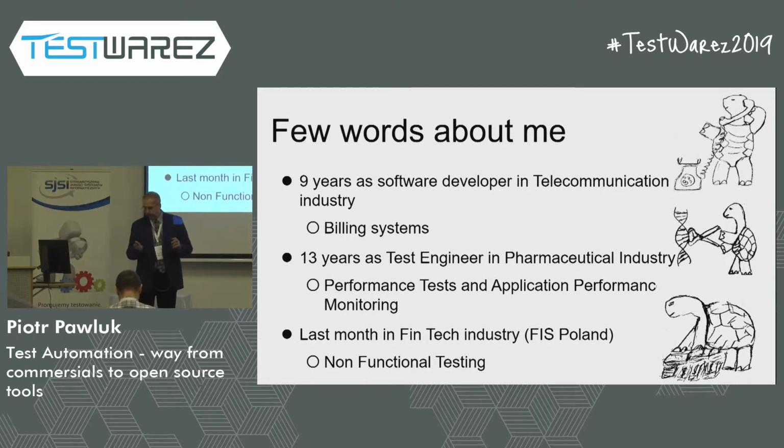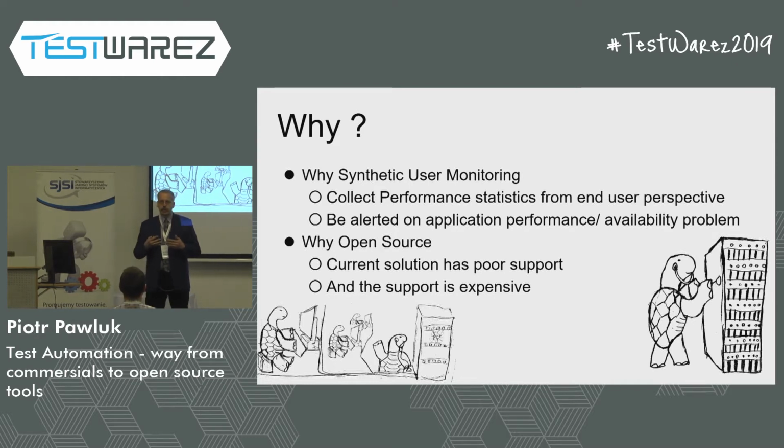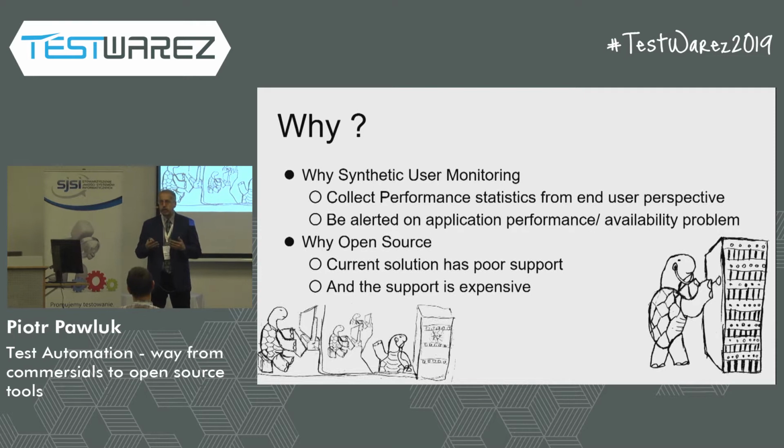Okay, oh, sorry. And maybe some background on what we have done. This will be a story about something which we call synthetic user monitoring. It is part of automation and testing which is done on a production system. We are running automated tests on the production system every 5 minutes, every 15 minutes, every 5 seconds, and we collect data from these tests.